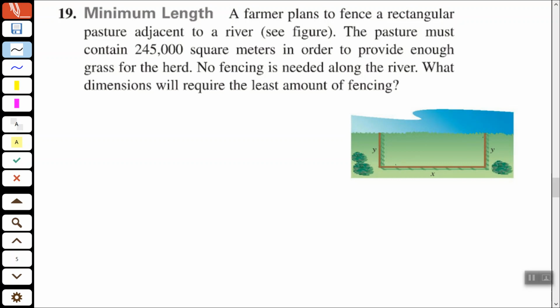So we have the x and the y, and we know that x times y should equal 245,000 square meters. And based on the diagram, we have two y's and an x, so that fencing adds up to be x plus 2y.